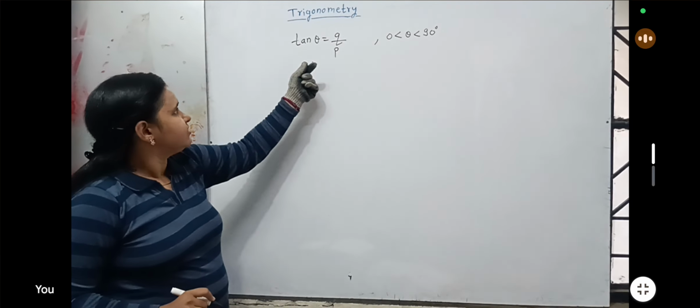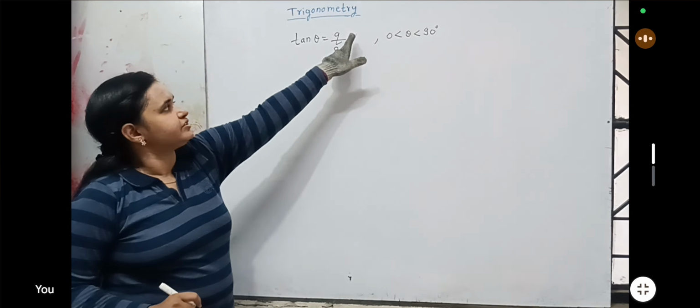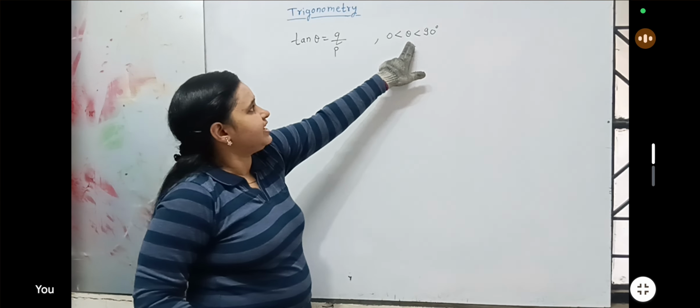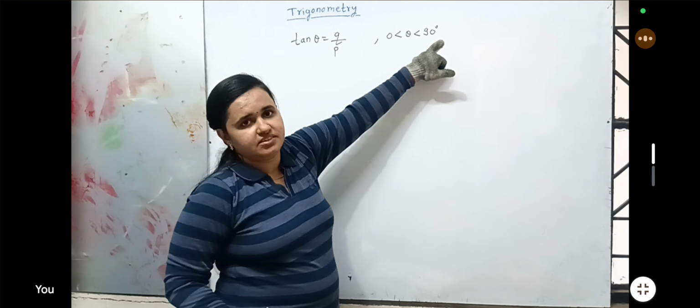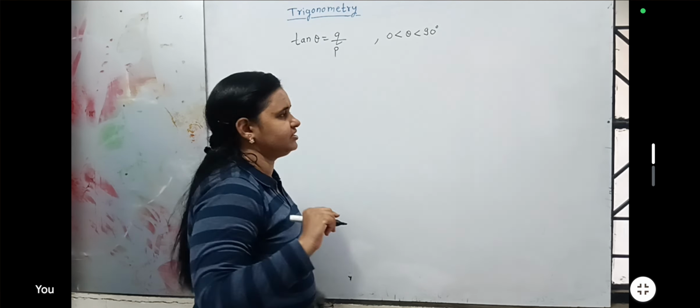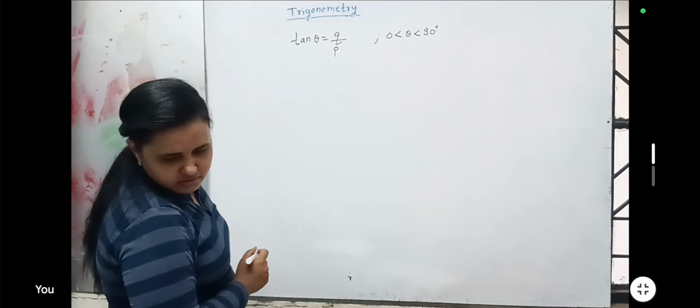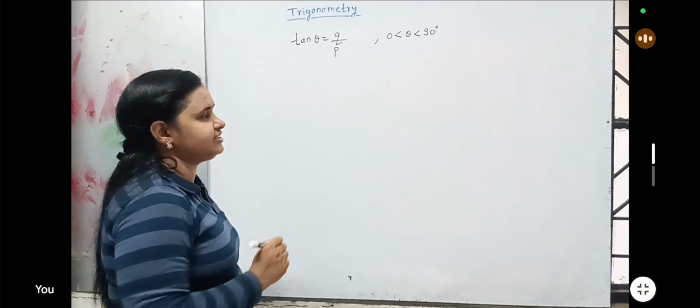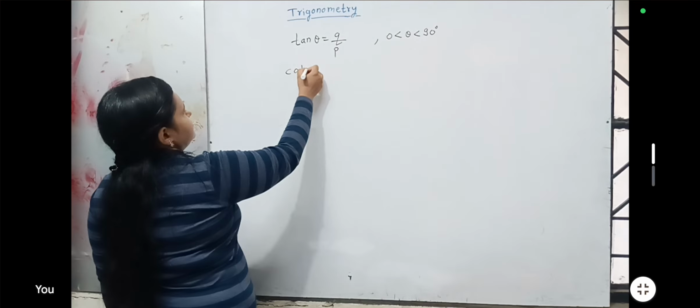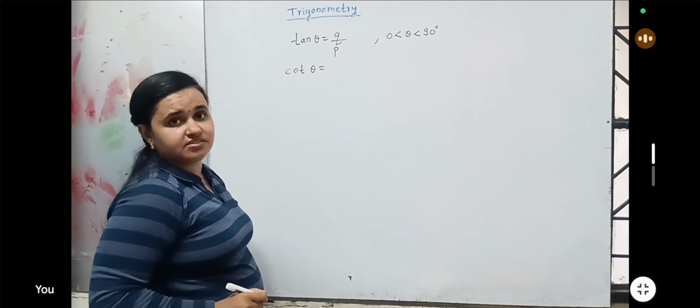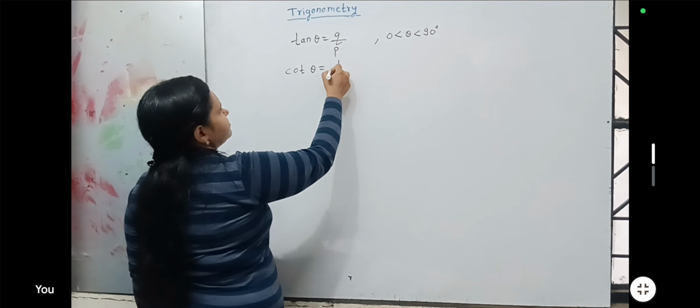So we have given in the next question, tan theta is q by p and theta is in 0 to 90 degrees, which means theta is in the first quadrant. Now we have to calculate cot theta. Cot theta is 1 upon tan theta.